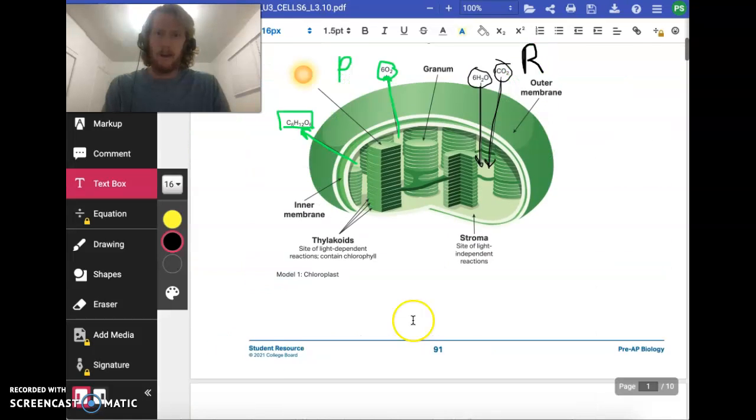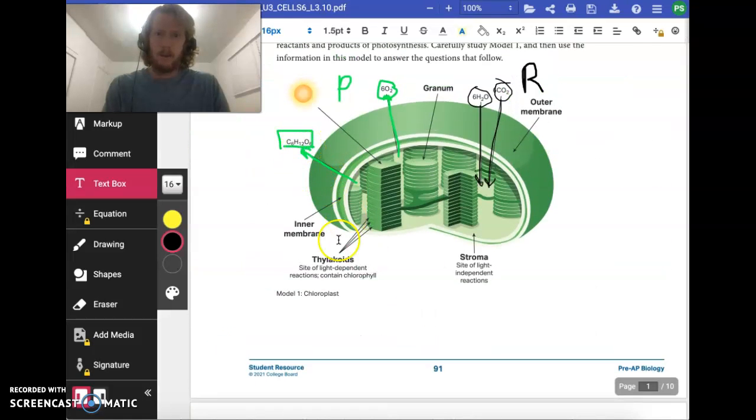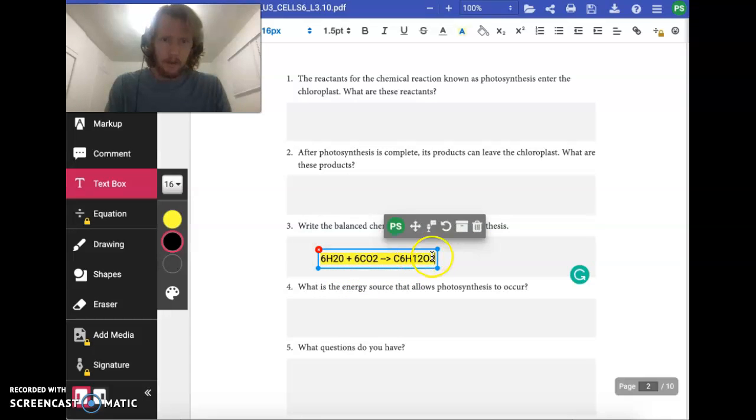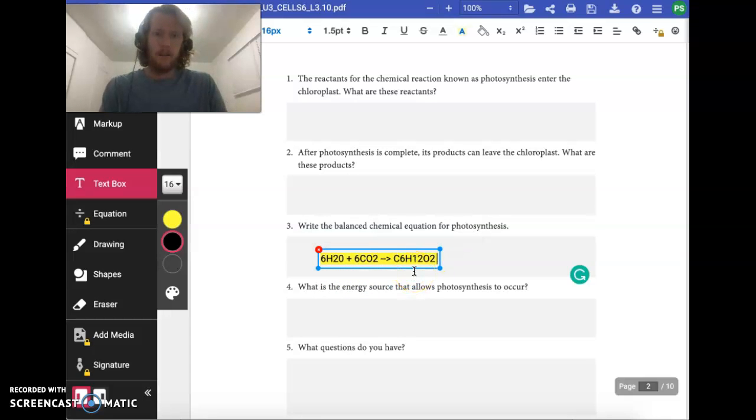We had C6H12O6. Now, ideally, these would be subscripts, like the 6, the 12, and the 6 down here would be down lower. But if you're just typing, you may not be able to get it down there. And then plus, and then the other product was 6 O2s.